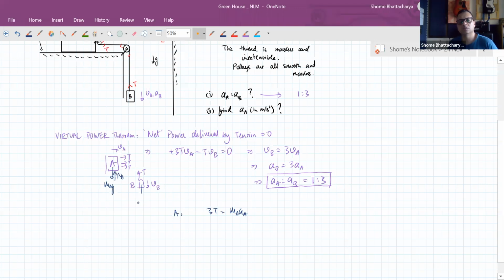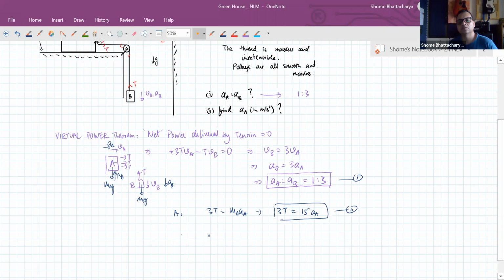On B, however, there is weight. So 3T is equal to mass of A, which was 15 kg, into acceleration of A. This becomes our second equation.